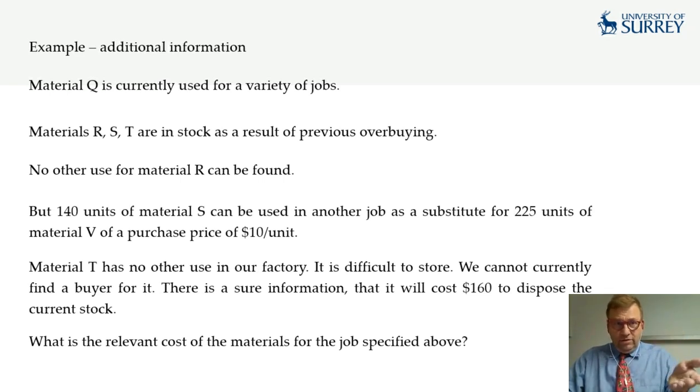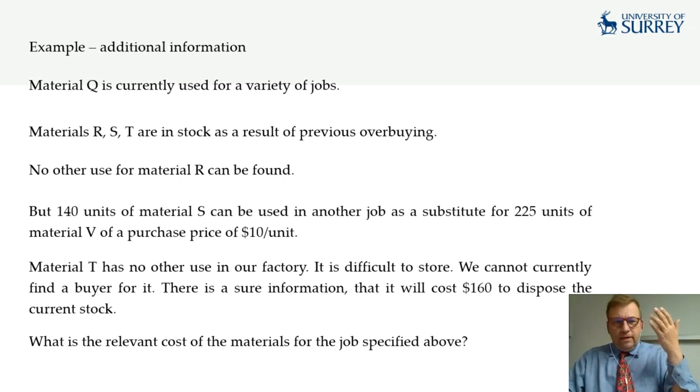Then it's important to know that we have R, S, and T not because we use them currently in our jobs like P and Q, but because we previously bought too much of R, S, and T. Therefore, we have to value them in a different way.